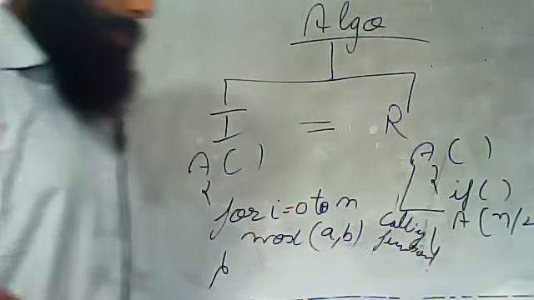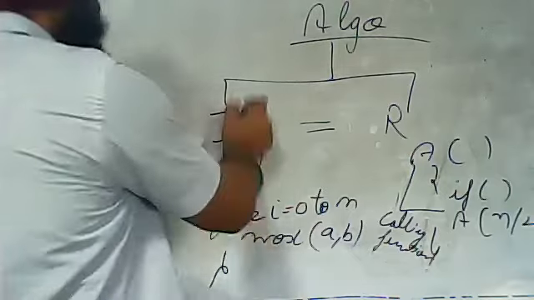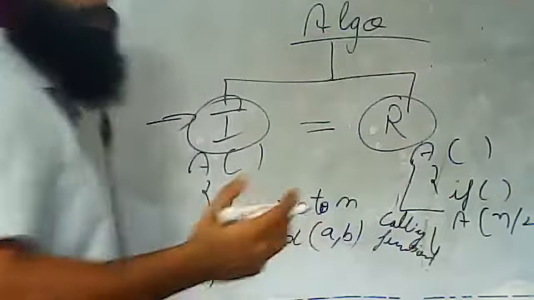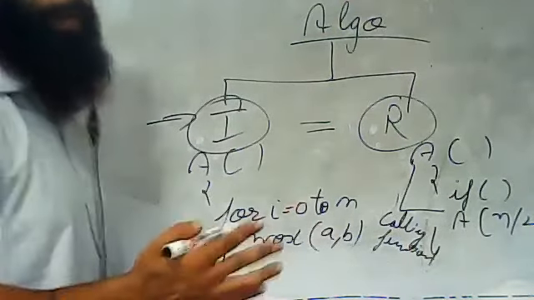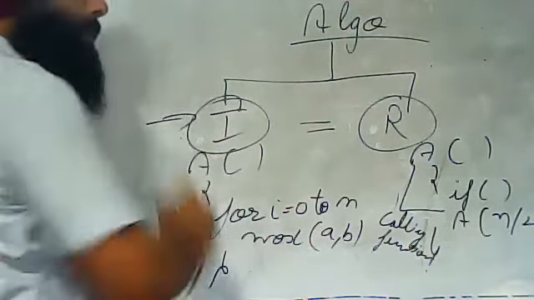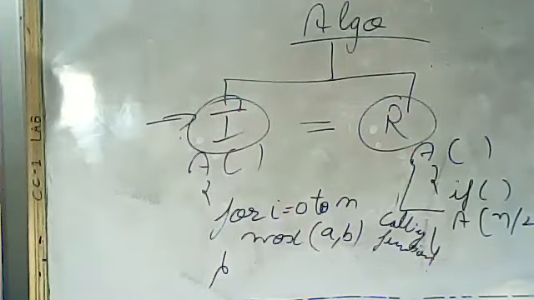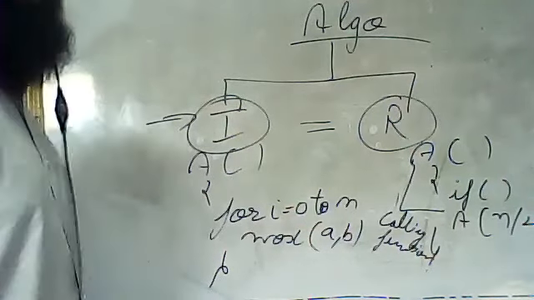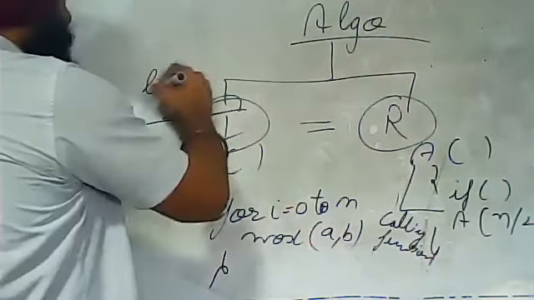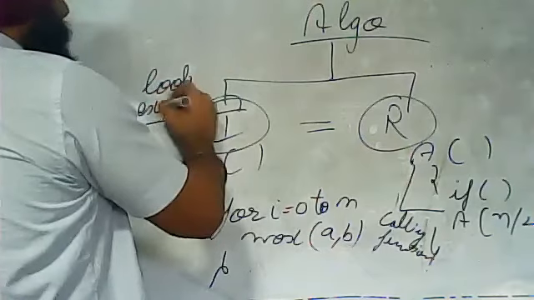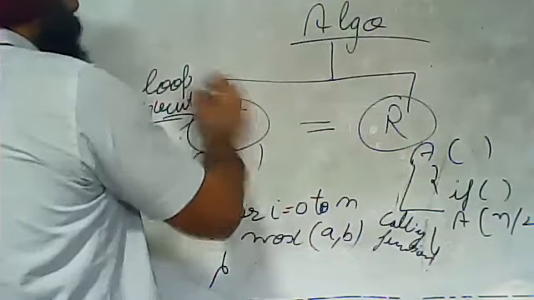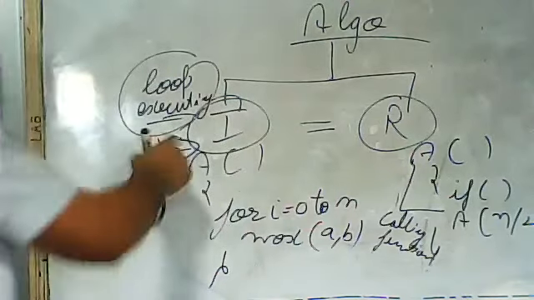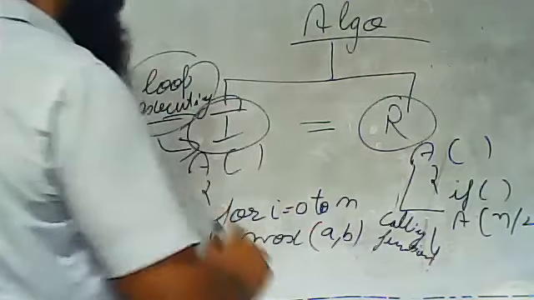To analyze this iterative algorithm, the analysis is how to find its time complexity and space complexity. So to analyze an iterative program, we can count the number of times the loop is executing. This is how we calculate the time of, or do the analysis of, an iterative algorithm.